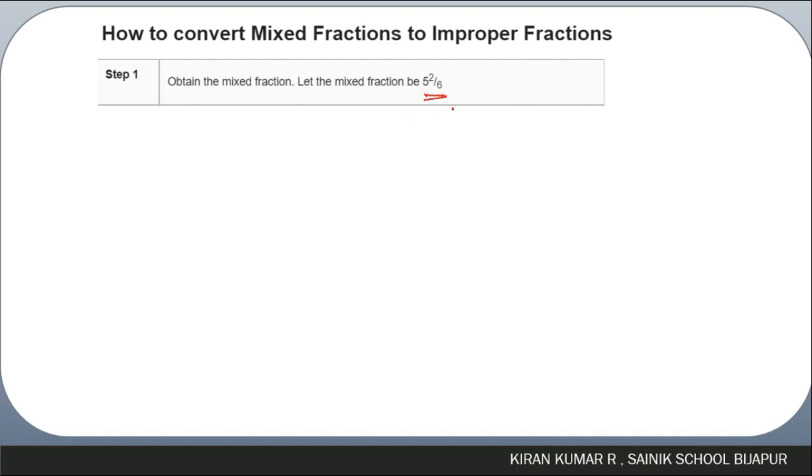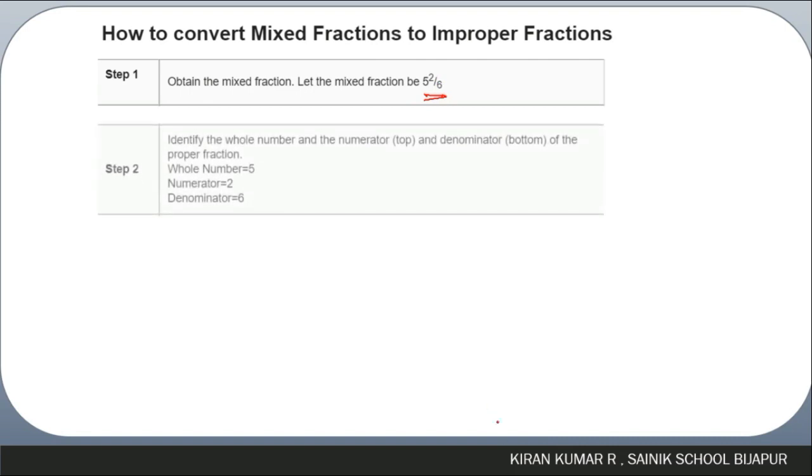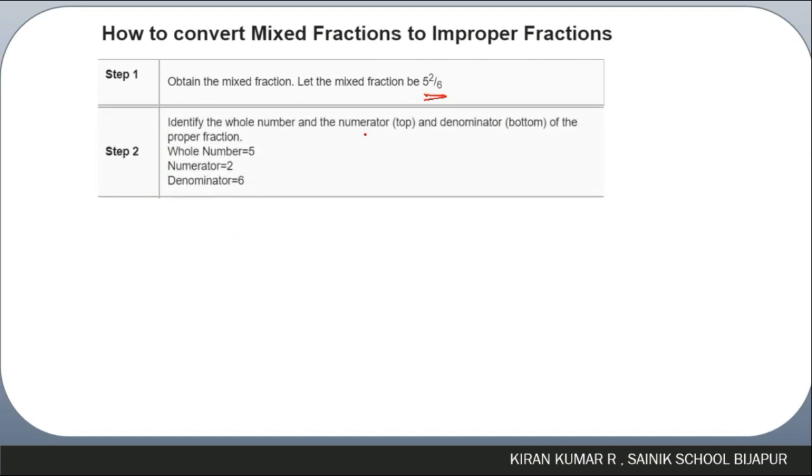It is also read as 5 integer 2 by 6. Second step, identify the whole number, the numerator and the denominator of the proper fraction. Whole number is 5, numerator is 2, denominator is 6.